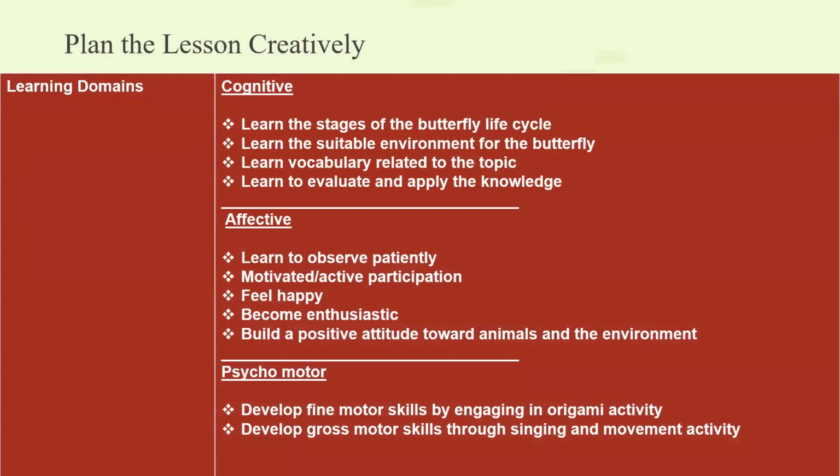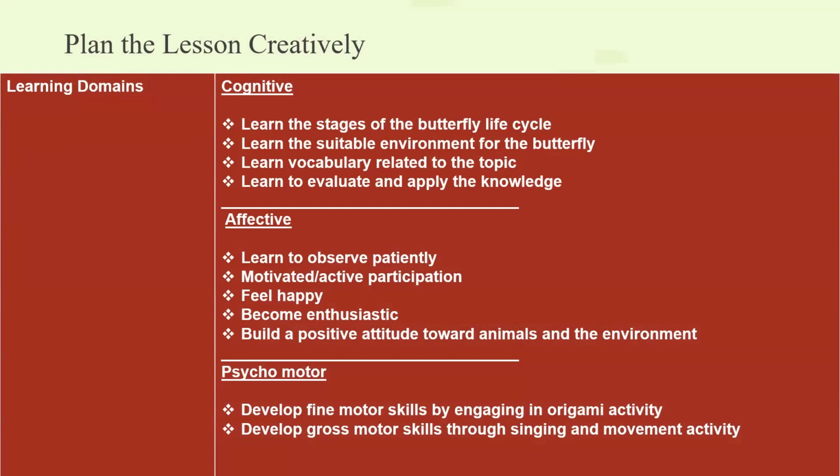There are three main domains we have to consider when we plan a lesson. That is cognitive, affective, and psychomotor skills. How do we help them to develop their cognitive skills?